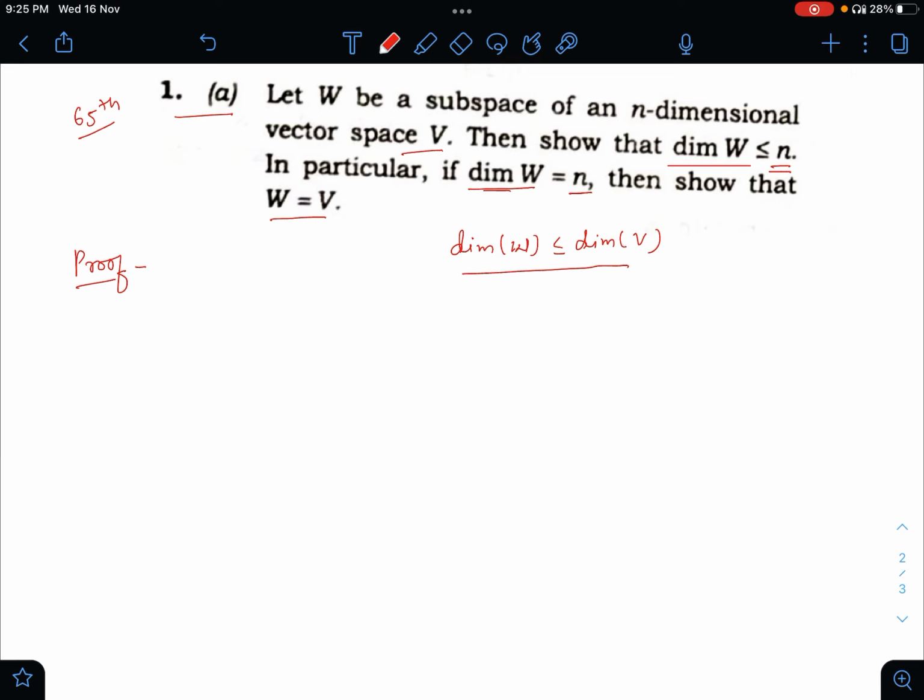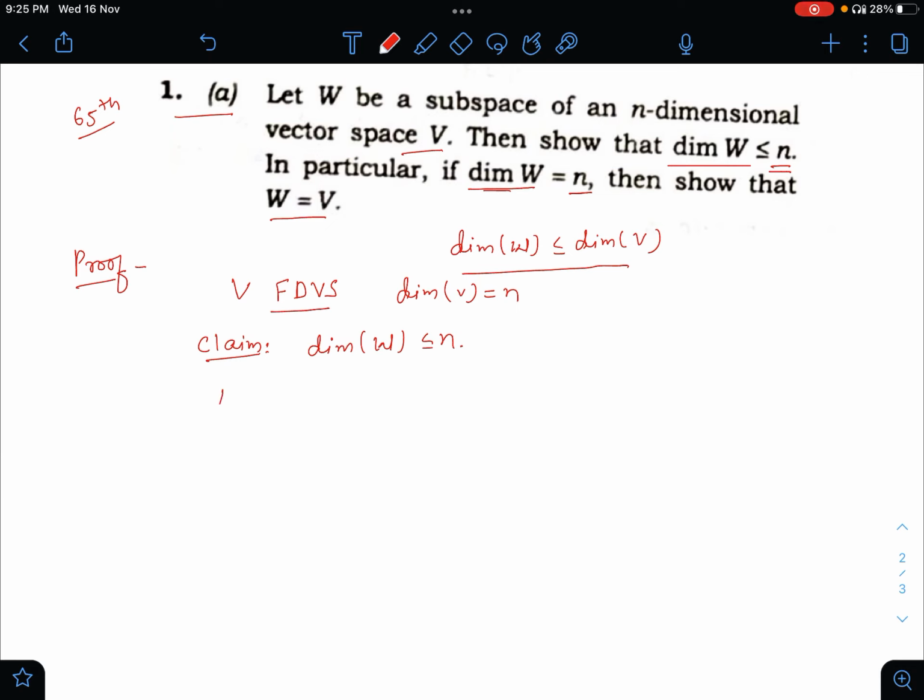It is given that V is a finite dimensional vector space and dimension of V is equal to n. What we need to prove is that dimension of W is less than or equal to n.